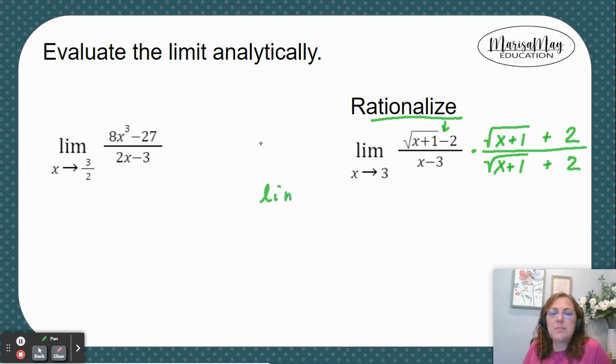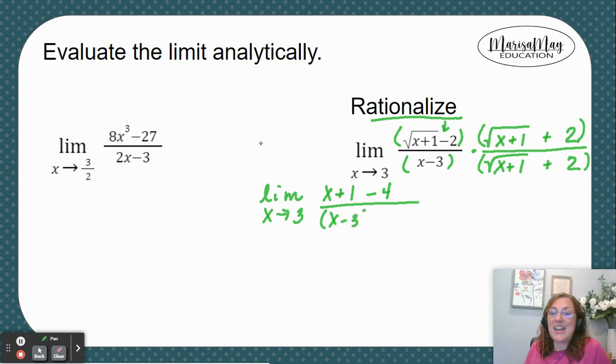And let me create some space here. When we multiply the top, I want you to see that this is a difference of two squares. The beauty of that is that the square roots go away. So when you multiply it out, you're going to get the x plus 1 minus 4. And on the bottom, be sure and use parentheses here, but you don't need to multiply those out.